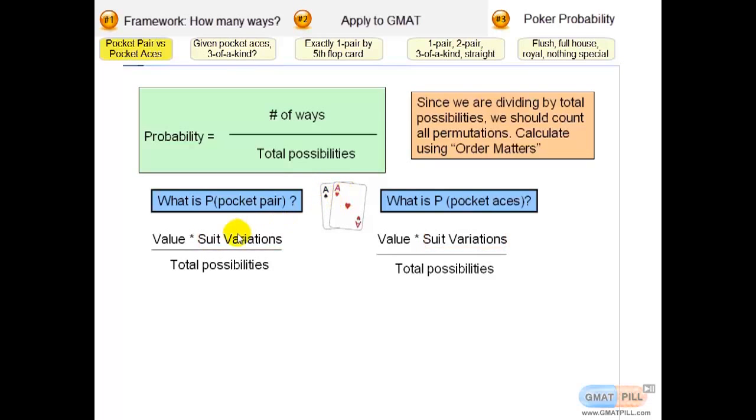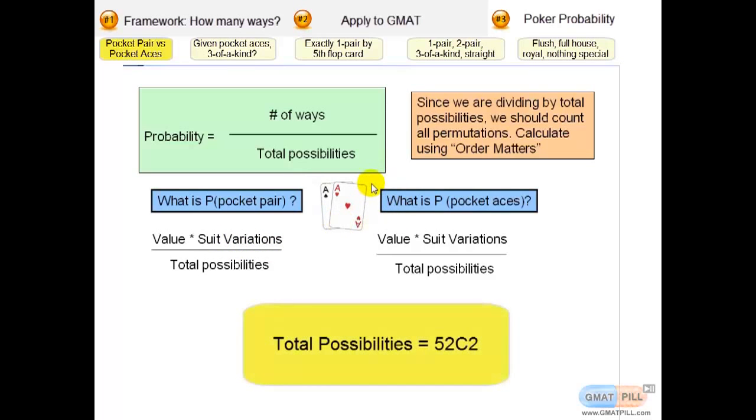So that's 4 variations. You're going to have 13 possible values and 4 suit variations. And for all pockets, your first 2 cards, you're going to divide by 52 choose 2, which is basically the total possibilities of what you can get when you have 2 cards dealt from a deck of 52.